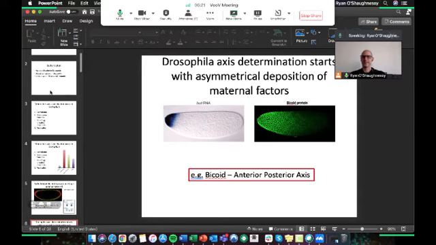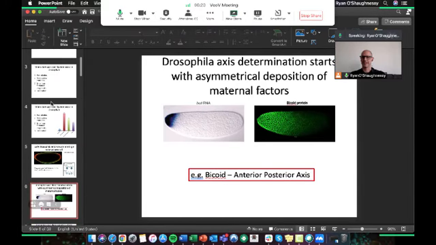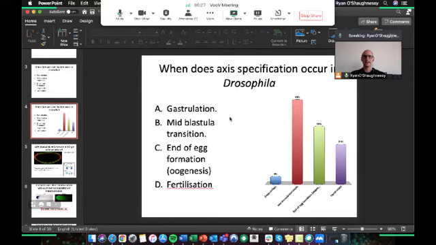We won't talk about the axis specification bit. We talked about that. Here we go. Okay, so axis specification occurs in Drosophila at the beginning and during oogenesis, and then at mid-blastular transition and gastrulation, these axis specification mechanisms are reinforced.